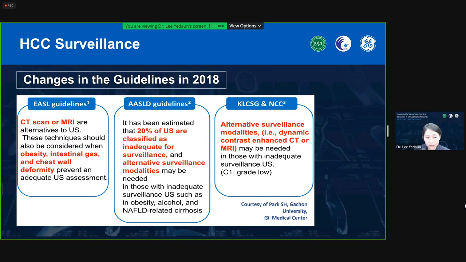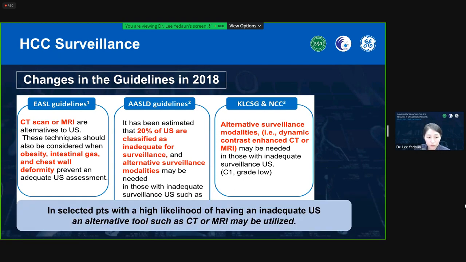All three major guidelines from Europe, the United States, and Korea allow the use of an alternative surveillance tool, such as CT or MRI, in selected patients with a high likelihood of having an inadequate US.